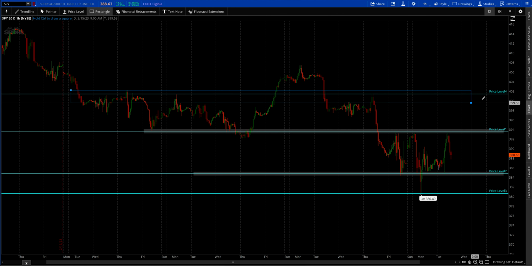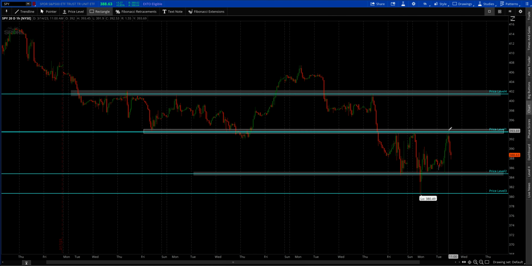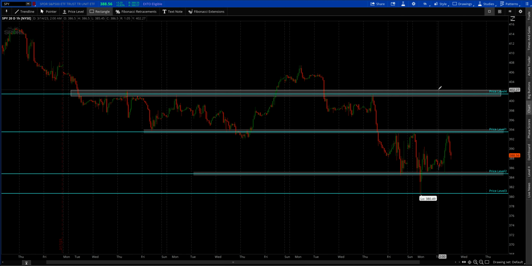If it breaks, this would be the area right in here. If it breaks through this, what I'd look for is to go long up into here. If it broke through, we come back, retest, go long here, and possibly ride it up into here somewhere. And if it got up here, you could go short here with a stop loss above this somewhere, where it's not going to be too close to get stopped out.